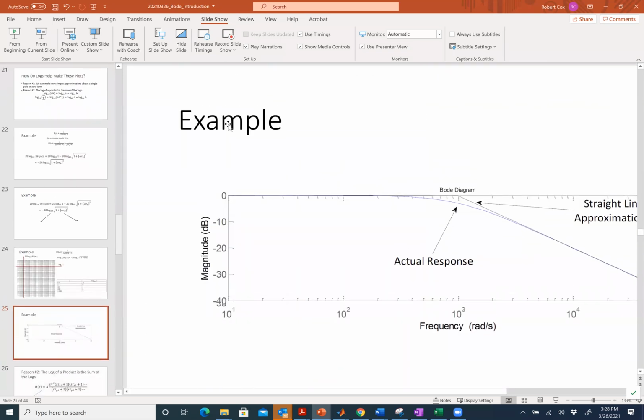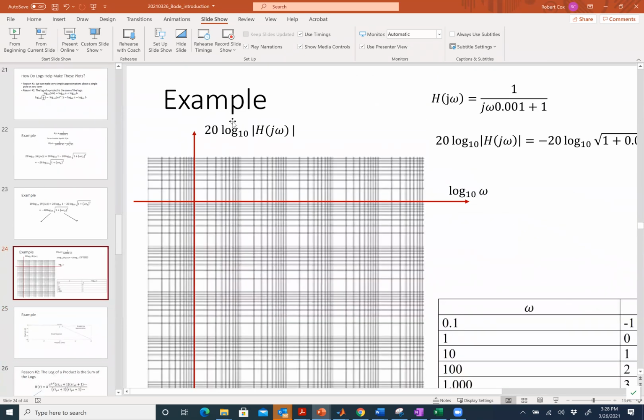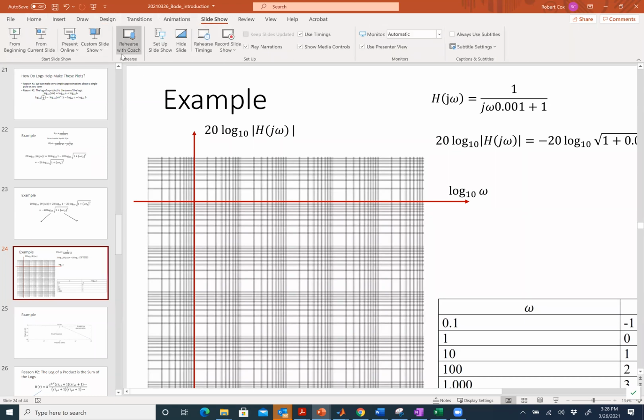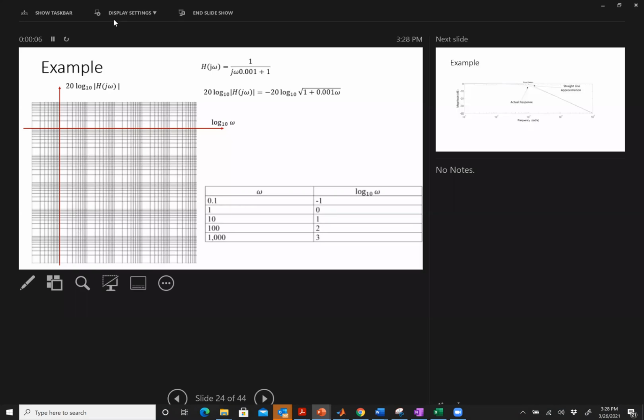I don't know how to change. Is there a way to change the colors when I'm in full screen mode? Come on.